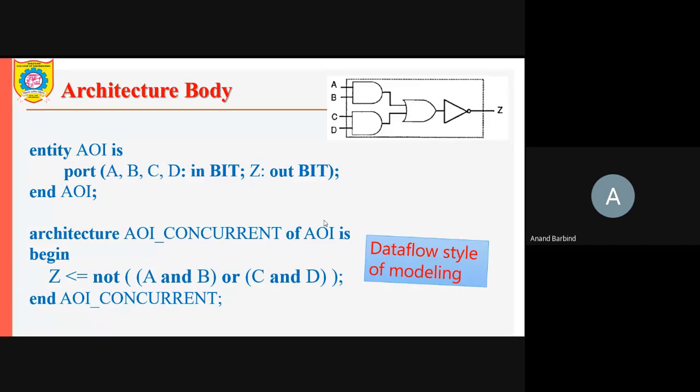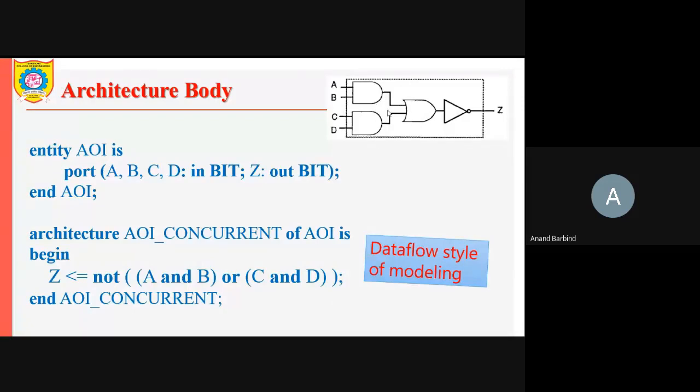Finally, whatever result comes is the desired result of this circuit, and it is assigned to Z, that is the output Z. So Z is assigned these operations on the inputs. With only one statement, we have described this particular circuit.